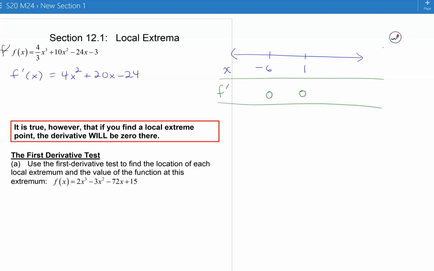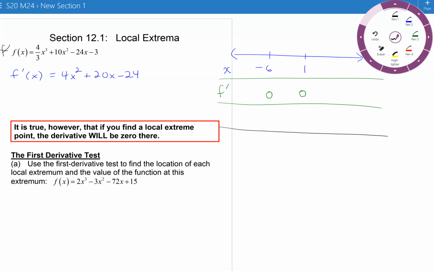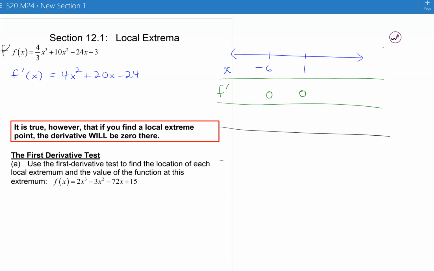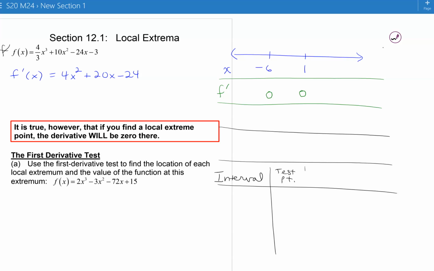So we can fill that in on our chart. And then leave a little bit more room underneath here. Maybe leave 2 rows. And then let's do our chart with the interval and the test point. And then we're checking the sign of f prime to see if it's positive or negative.